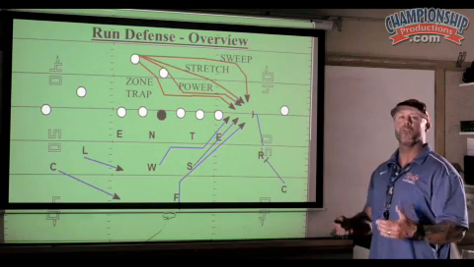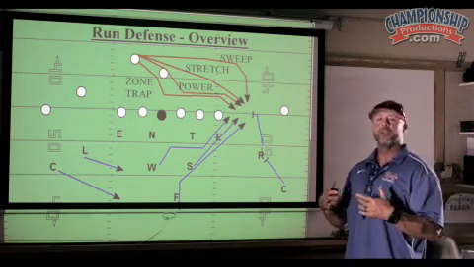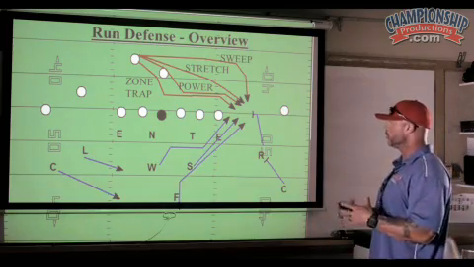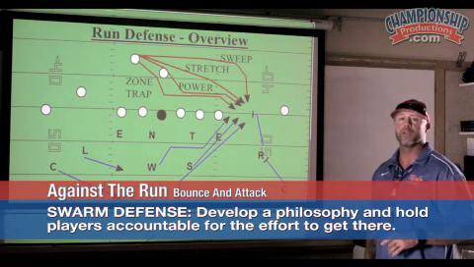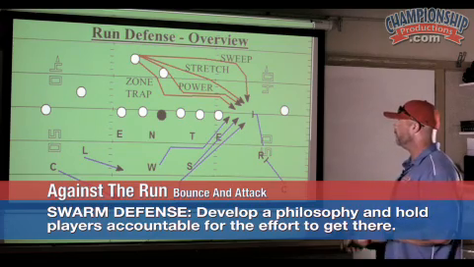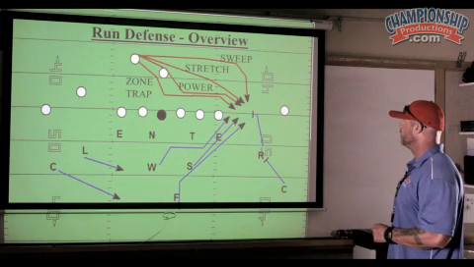And that produces that swarm thing that everybody always asks me about. How do you get your kids to run to the ball so well, and how do you gang tackle so well? Well, it's because we have an overall philosophy of how to do it, and then we force and hold our kids accountable for the effort that it takes to get there. So again, diagram stuff, but you'll see it on film. This is how we condense everybody to the alley.